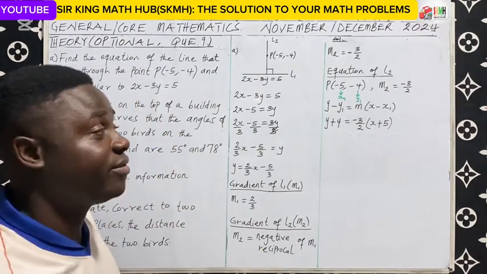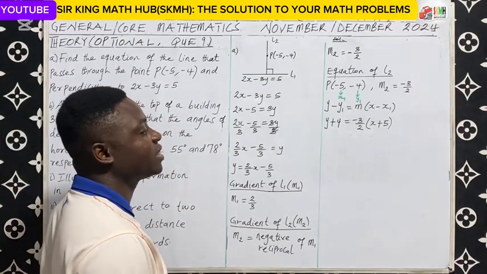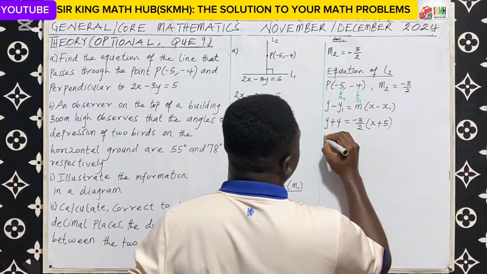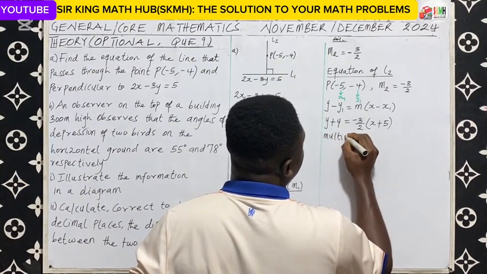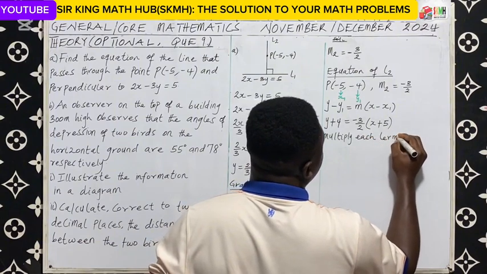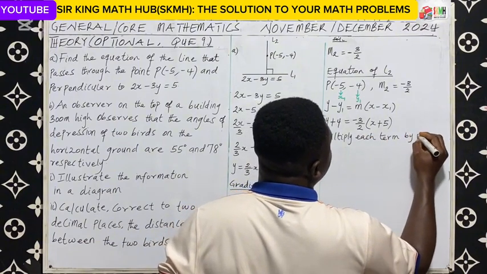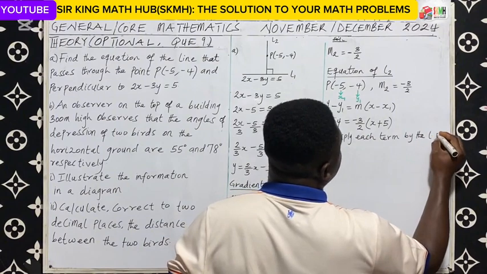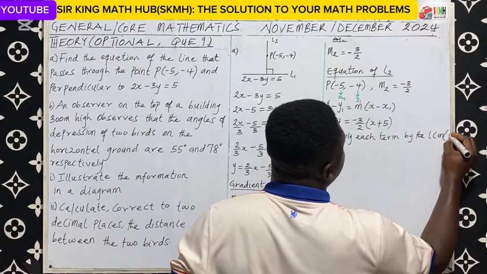Now you see that we have a fraction here. How do we eliminate the fraction? We need to multiply each term by the LCM, and the LCM here is 2.